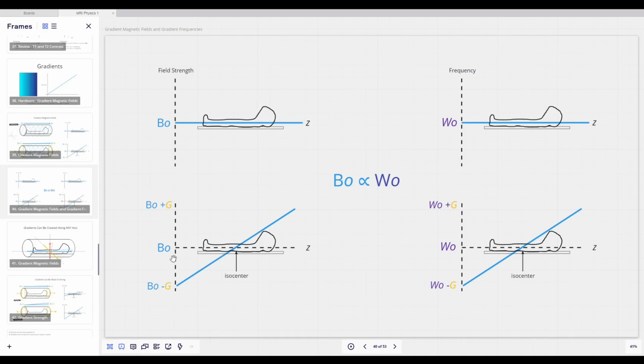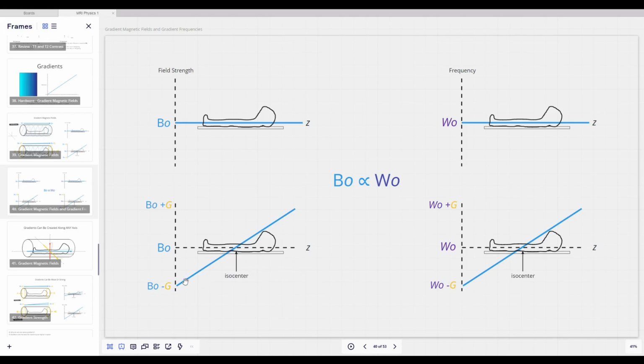The other thing that's happening is that just as the magnetic field strength is changing from the patient's feet to the patient's head like this, the other thing that's changing is the frequency of the spins, right? Remember, this is our Larmor equation, which we said, the takeaway from that was that your field strength is proportional to your frequency. Okay. If your net field strength is higher up by the head, the frequency of those spins is going to be higher too.